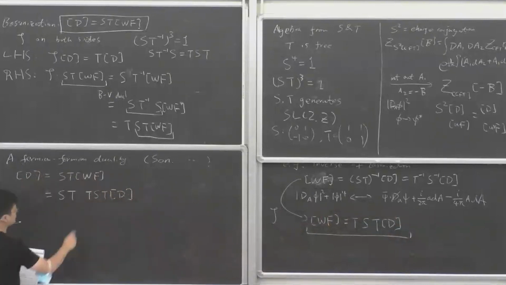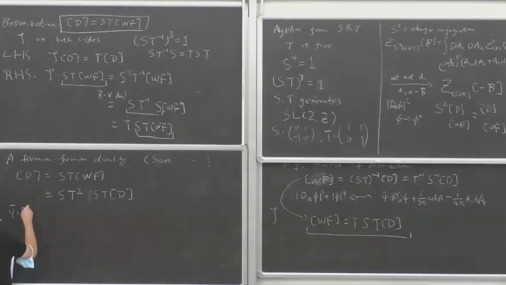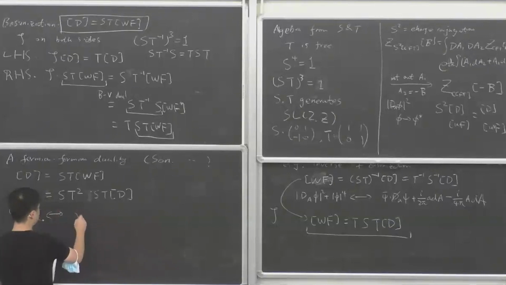But of course, this merges to this guy. Okay. So now you can unpack it, which is saying that the free Dirac fermion is allegedly dual to another Dirac fermion coupled to a dynamical gauge field.